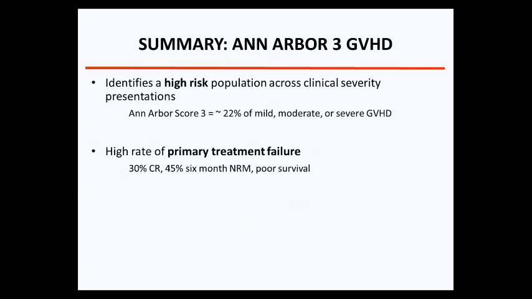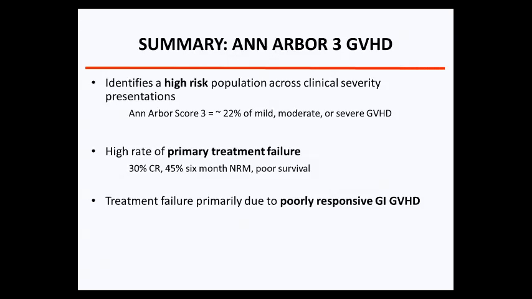Only 30%, this is not in the slide, achieve complete remission. 45% have 6-month non-relapse mortality, and poor survival in the long run. Treatment failure is primarily due to what? Poorly responsive GI GVHD, as we know, right? GI GVHD is not present at onset in about 50% of those patients that are Ann Arbor 3.